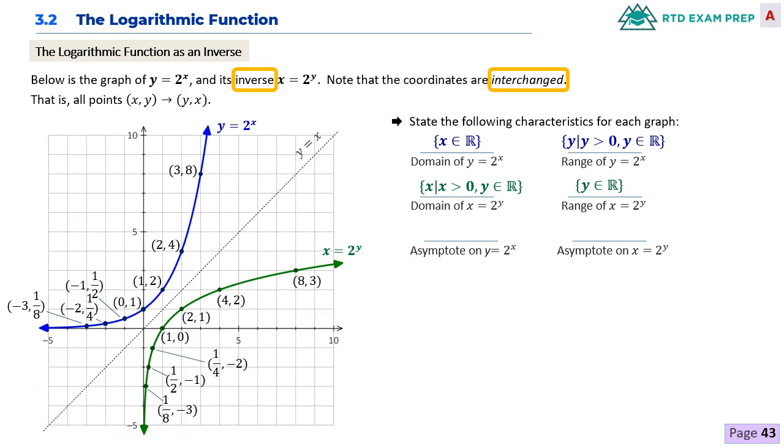Note how this domain and range relate to the domain and range of the exponential function. Also, notice that where the exponential function had a horizontal asymptote on the x-axis, which is the line y equals 0, our logarithmic function will have a vertical asymptote on the y-axis, which is x equals 0.